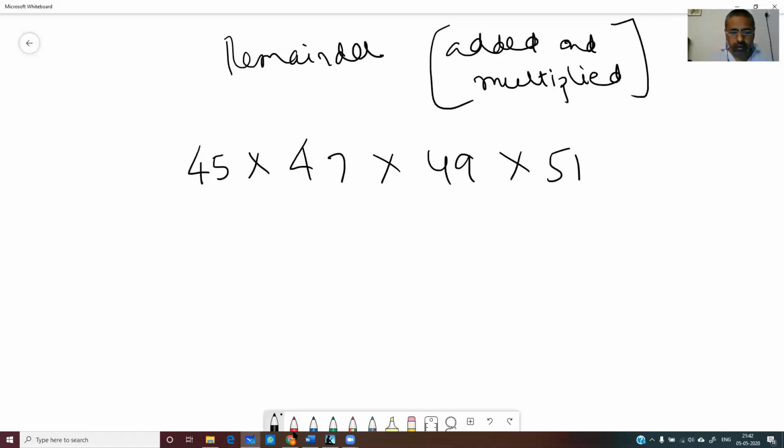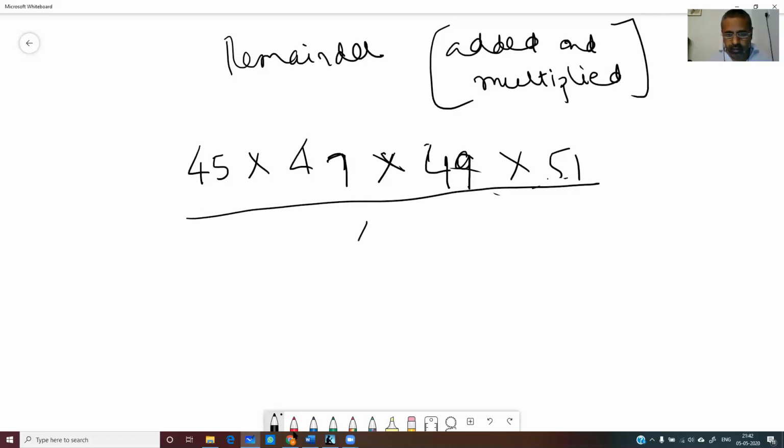Now I'm dividing this whole thing by another number. Let's say I'll divide this by 43. Now I need to find the remainder.